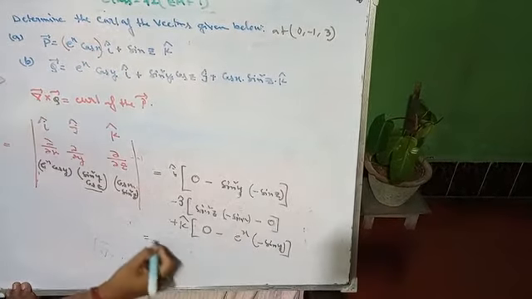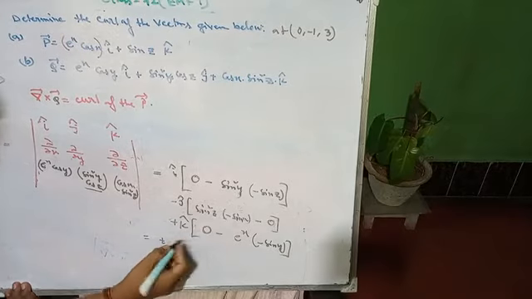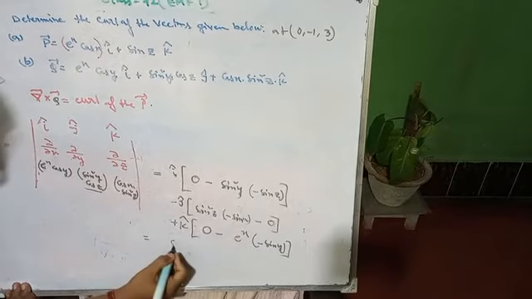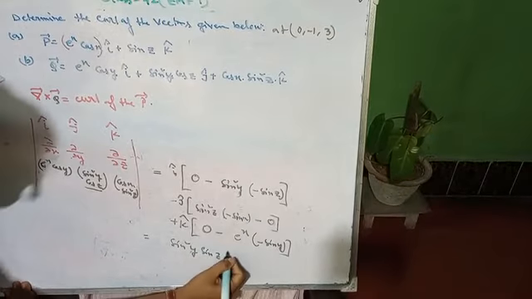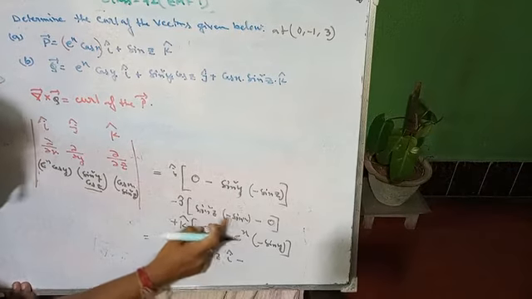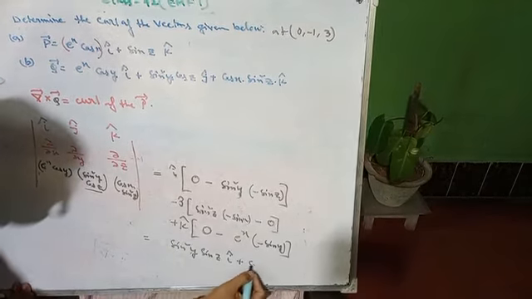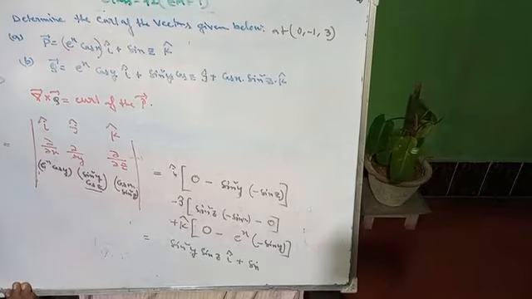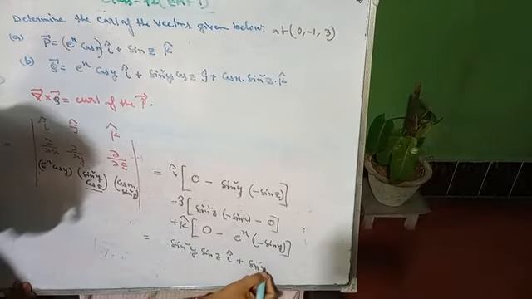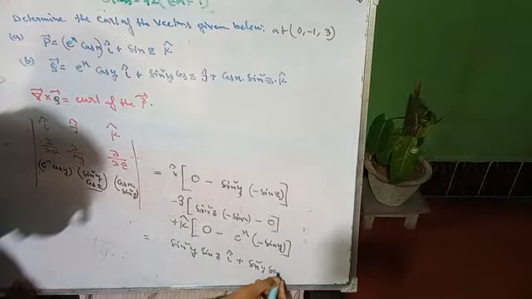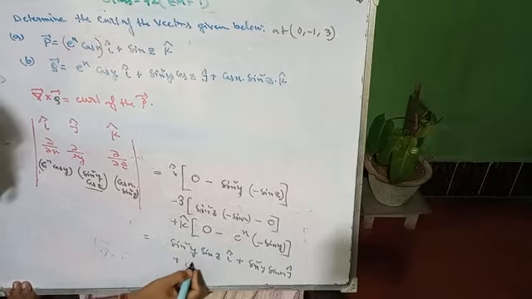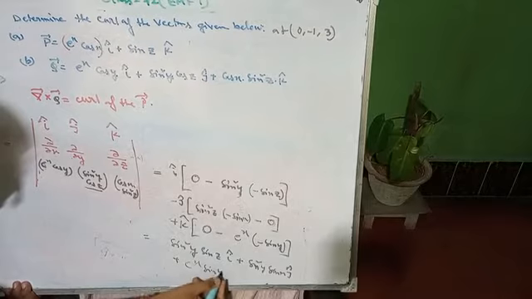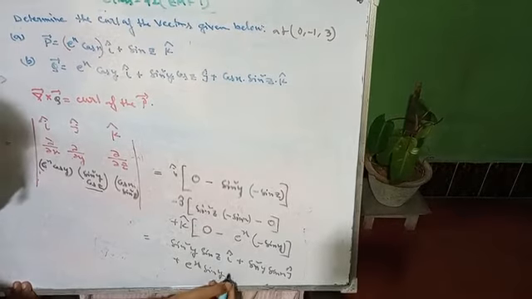Your result will be, negative becoming positive, sin square y sin z i cap, minus again positive, sin square y sin x j cap, and minus again positive, e to the power x sin y k cap.